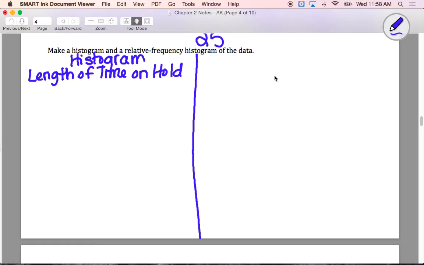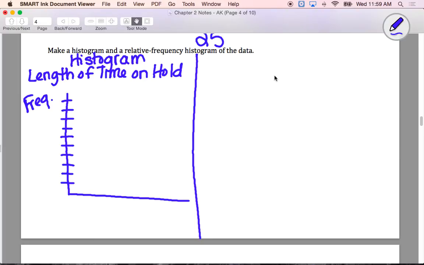So for our histogram, remember, we have the frequency with this one. Now for our frequency, it goes from 1 to 10. And then we've got our class boundary. So we make our break.